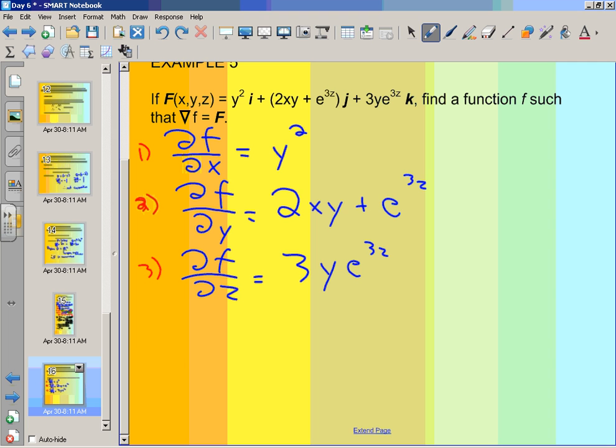So based on 1, what is f going to be equal to? Yeah, so it's just going to be xy squared plus, I'm going to use f, and that's going to be a function of y and z, exactly.